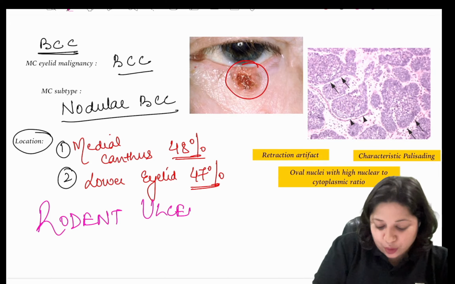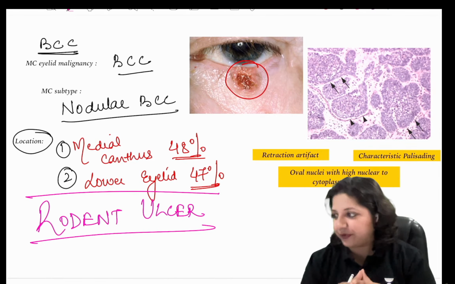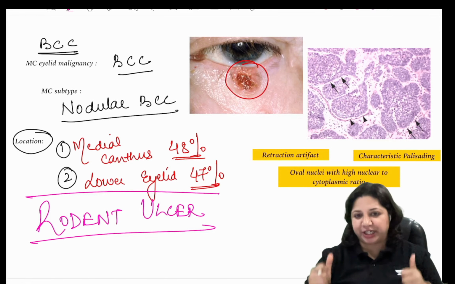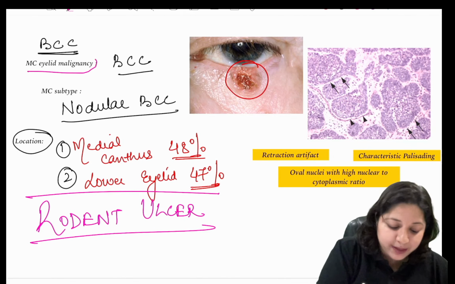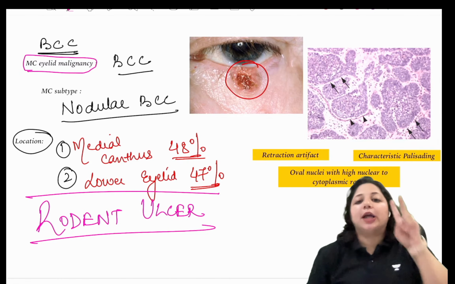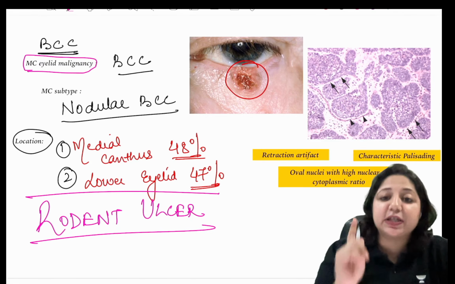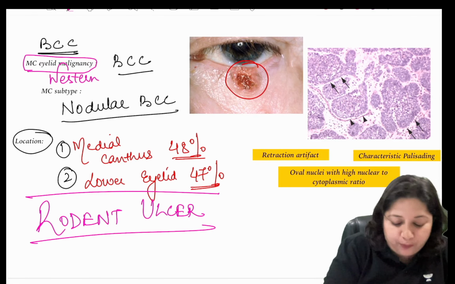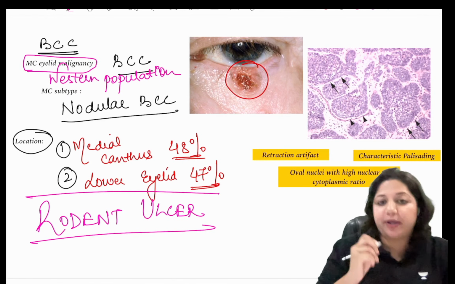Why is it called rodent ulcer? Because it is locally invasive. Now, one important catch point which I need to tell you is, I have asked you the most common eyelid malignancy. Now, here there's a controversy. Most common eyelid malignancy is basal cell carcinoma in the Western population.